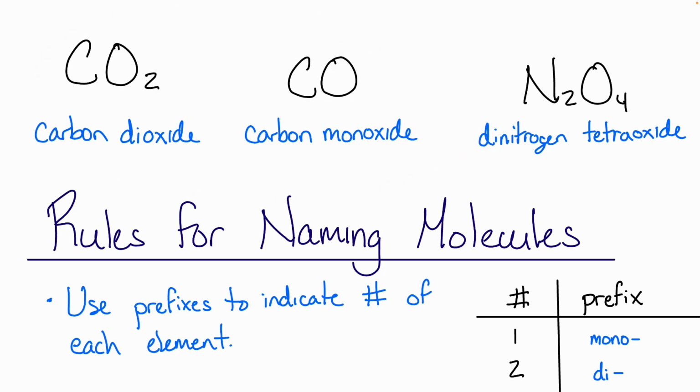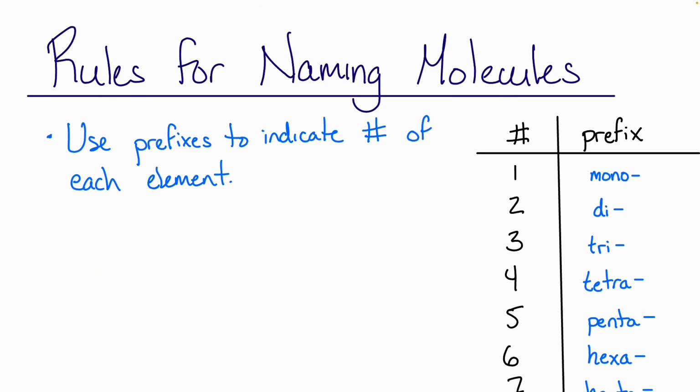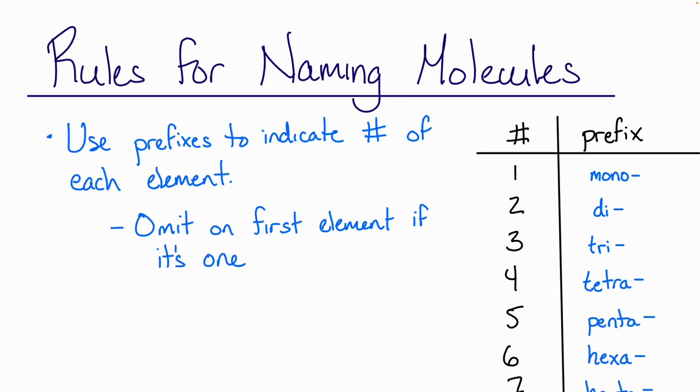You can flesh out a lot of the rules for naming covalent compounds. Just pull up these 2 examples that you have this intuitive knowledge of, and it's very helpful. So we're just going to note we omit the prefix on our first element if that number is 1, but we always include it on the second element.